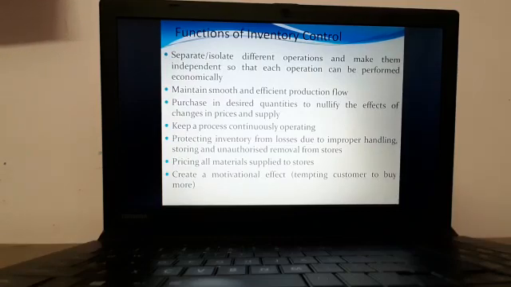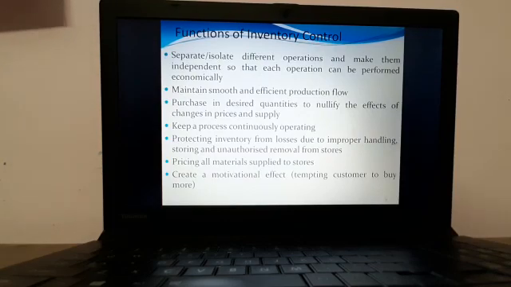Now, whenever we require, we have to purchase the required materials. Inventory control helps to find out the desired quantities of materials to be purchased and at what time, so that it nullifies the effect of changes in prices as well as supply. That is one of the major functions of inventory control.